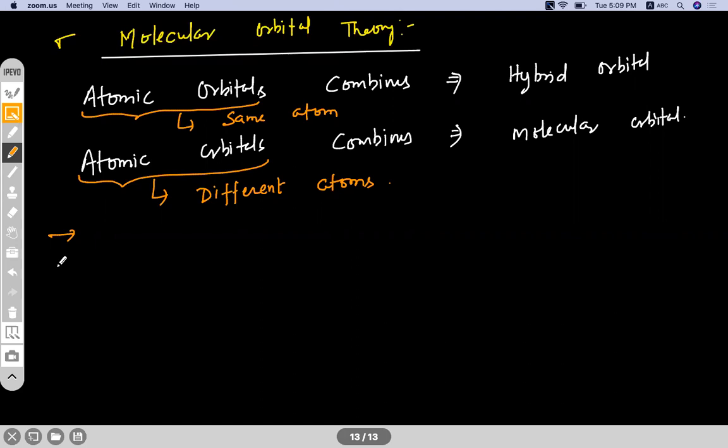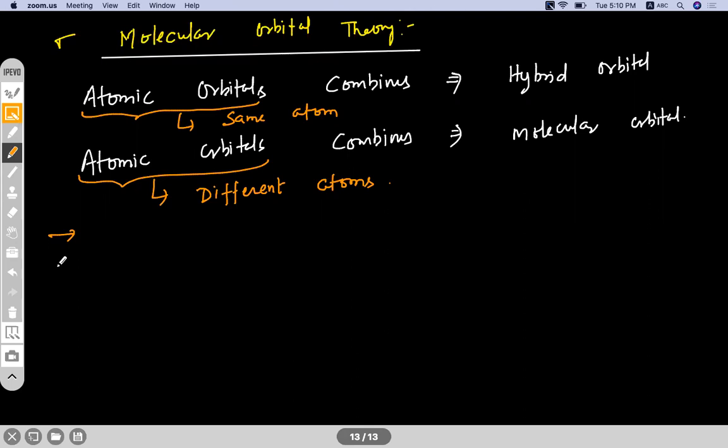Like the next point you write down: the number of molecular orbitals formed equals the number of atomic orbitals combined.